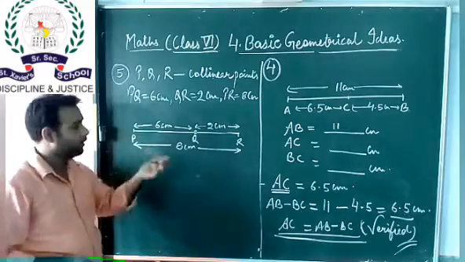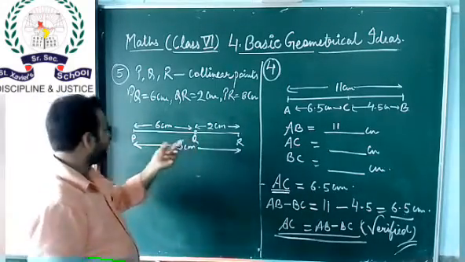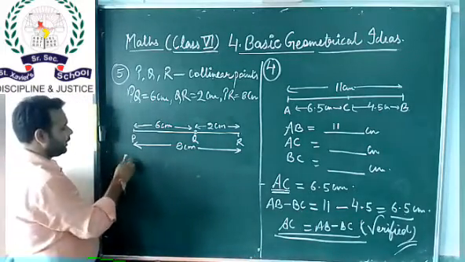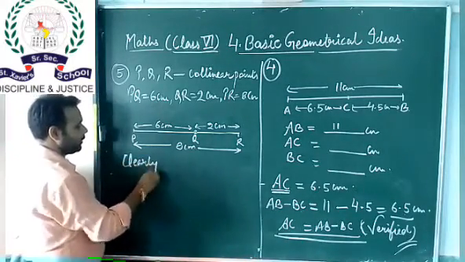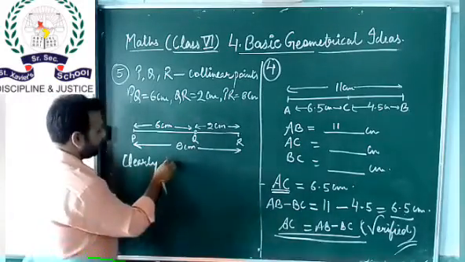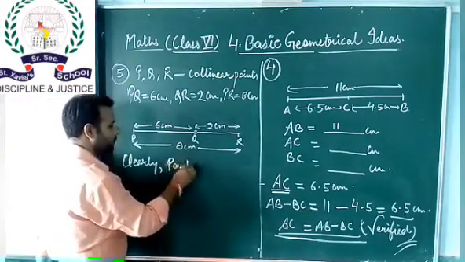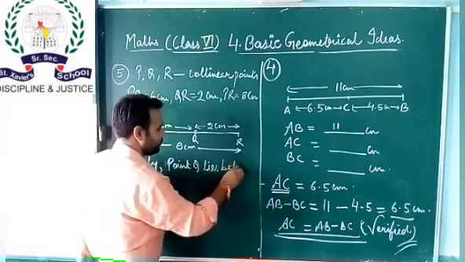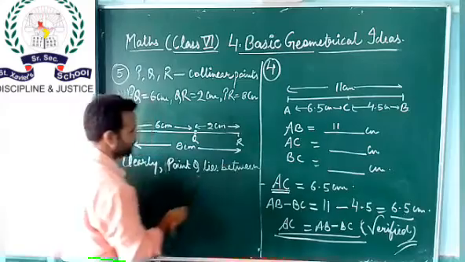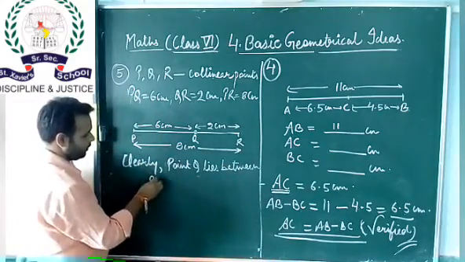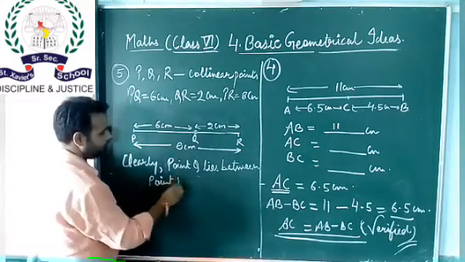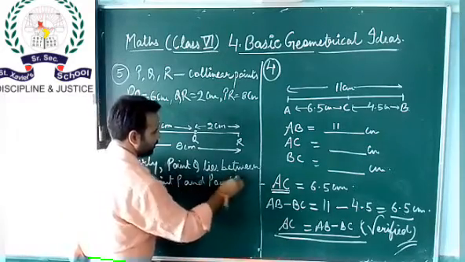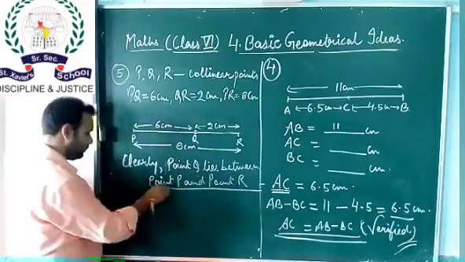It means the point Q lies between P and R. So write your answer clearly: point Q lies between point P and point R.